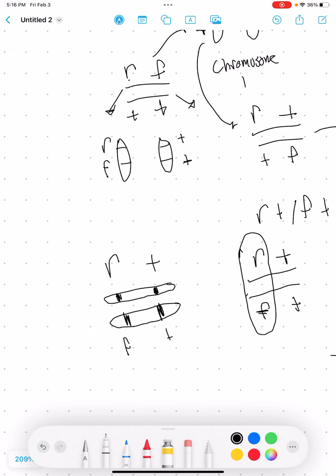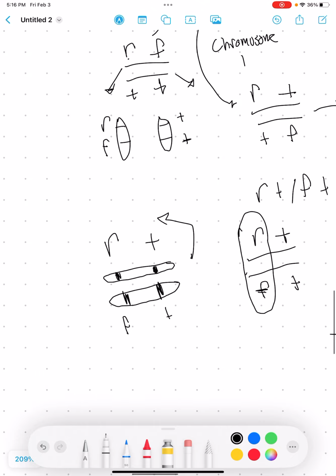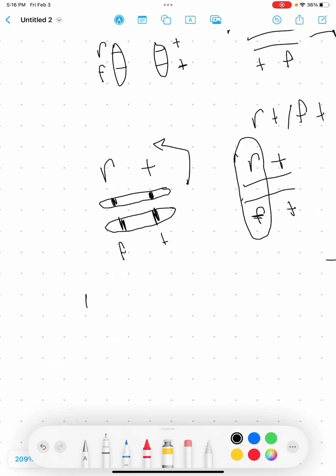Right here, if I was to flip this 90 degrees, it would end up looking something like this. So right here, the R allele corresponds to the F allele. It's on the same loci, the same location.